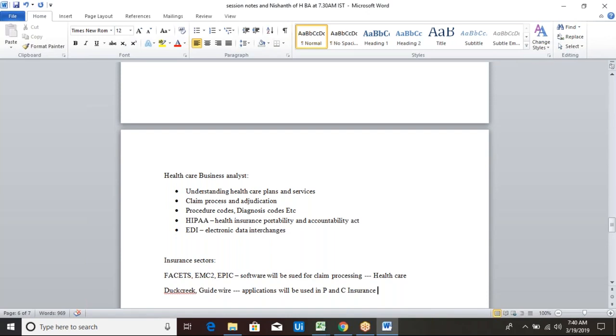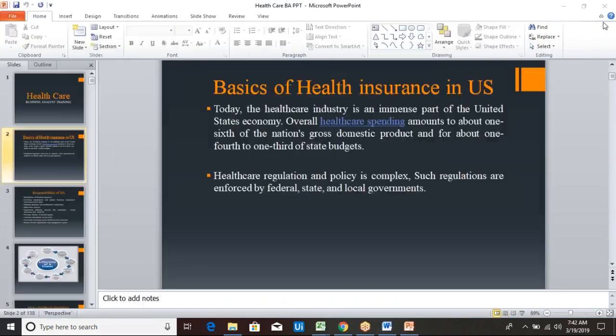Right. So this is about the basics of health insurance in the US, as I told you, because, as you know, any country across the world usually spends a good amount of money on providing better health services for their citizens.